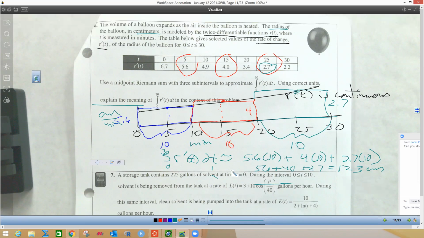You would just say the balloon's radius is approximately 123 centimeters from t equals 0 to t equals 30 minutes. That's all you put, because it says up here that R is the radius of the balloon. And we're finding R because we did the integral of R prime, which is R.